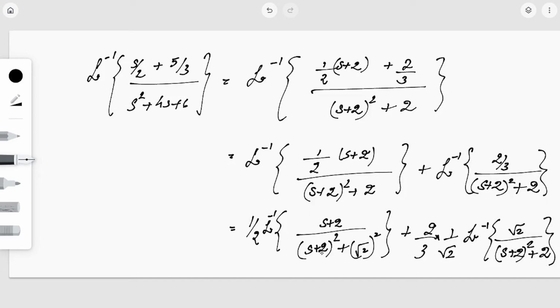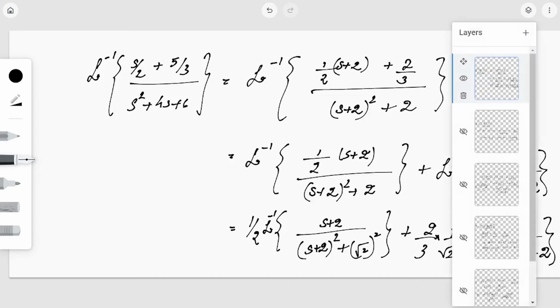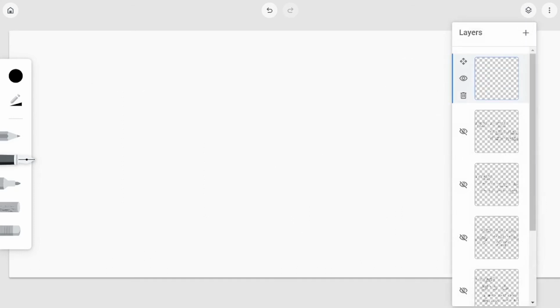So the first Laplace inverse is of our cos function, and the other one is of sine function, right?